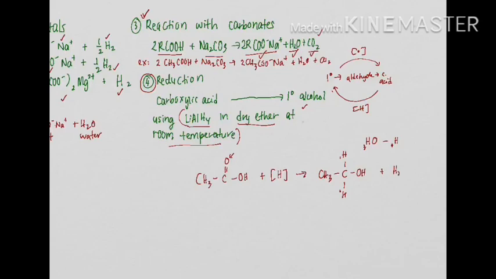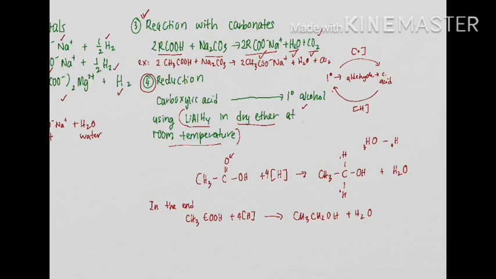So it's going to give you water. How many hydrogens do you need? You need 4 hydrogens there, so this is complete. If you want to write the equation, it's CH3COOH reacting with 4H to give you CH3CH2OH plus H2O.